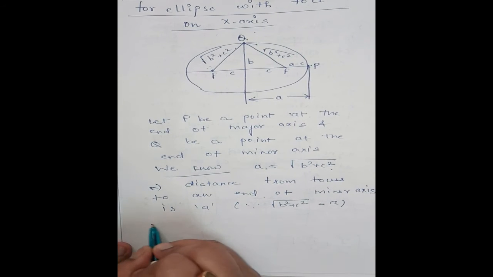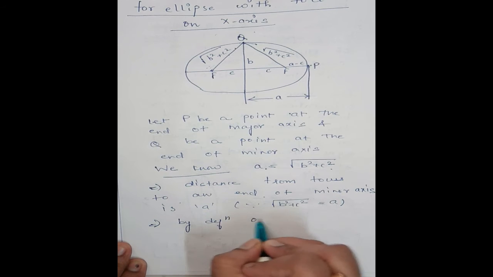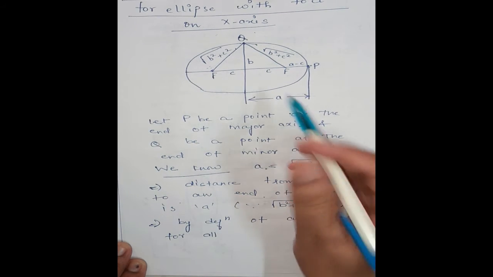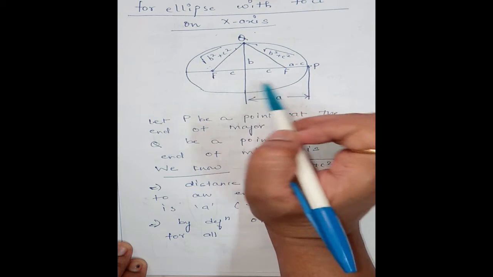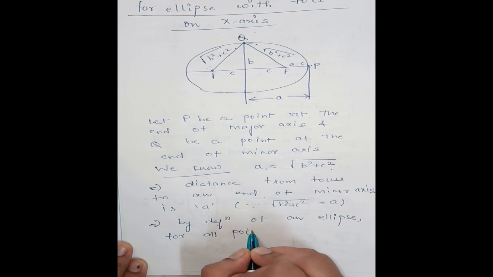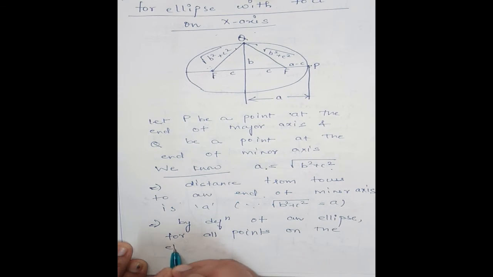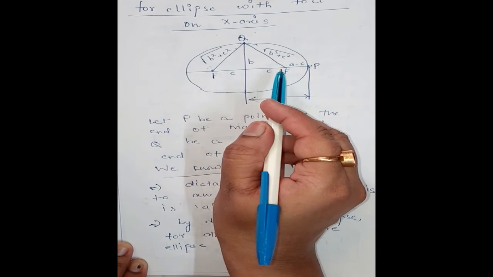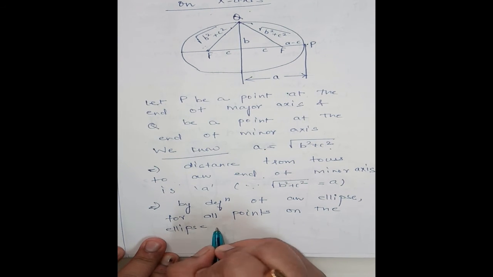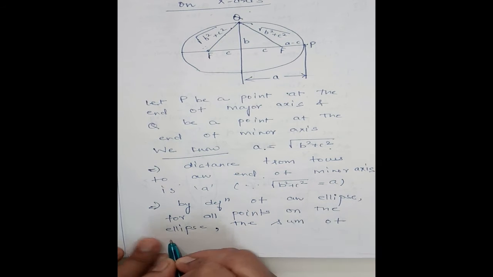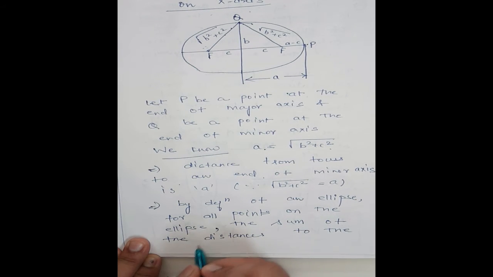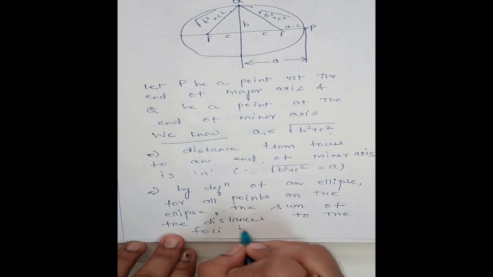Okay, this implies, by the definition of an ellipse, since Q is a particular point on the ellipse and this holds for all the points on the ellipse, that for all points on the ellipse the sum of the distances of all points from the two foci is the same. Therefore, the sum of the distances to the foci is 2a.